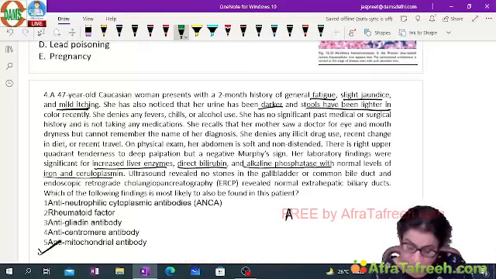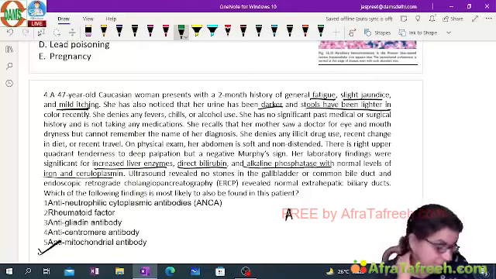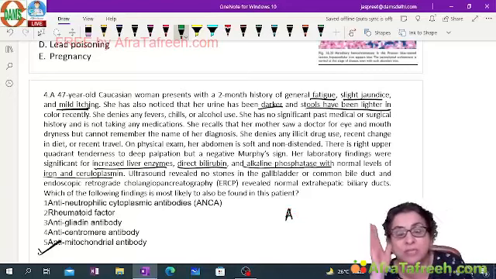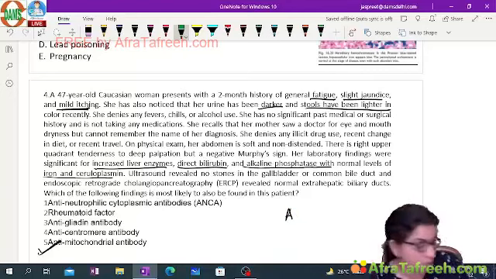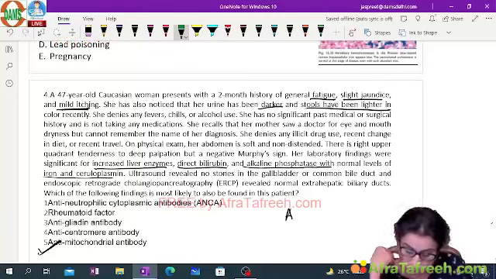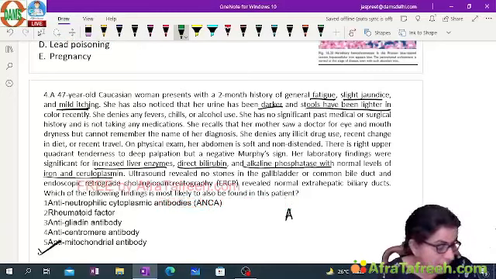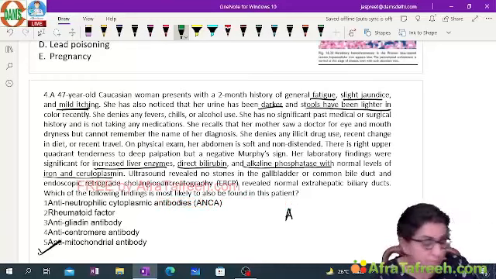She is a middle-aged female, so she is likely to have an autoimmune disease of the bile ducts like primary biliary cirrhosis. Primary biliary cirrhosis is associated with anti-mitochondrial antibodies.